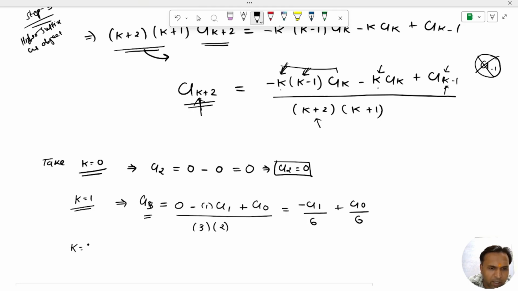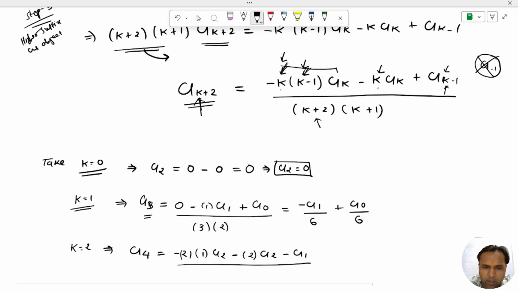If I am taking k equal to 2, it becomes a4, right? Here k equal to 2, so it becomes a minus 2, here a1, here a2, minus, here I am taking 2, here a2, here minus a1, upon 2 plus 2 is 4 and 2 plus 1 is 3, right?